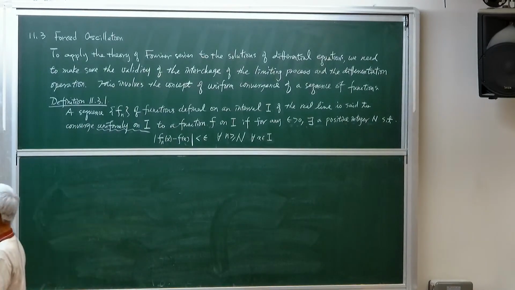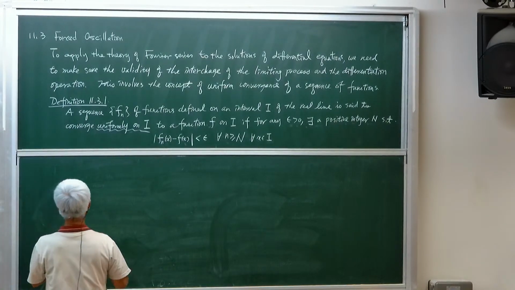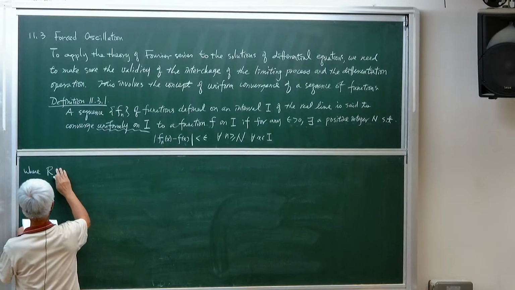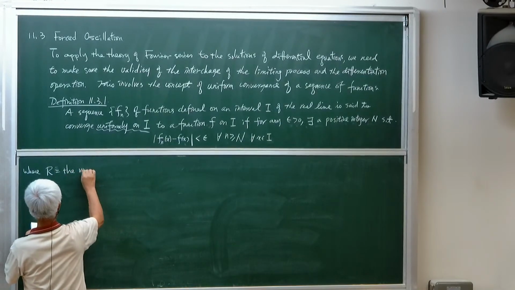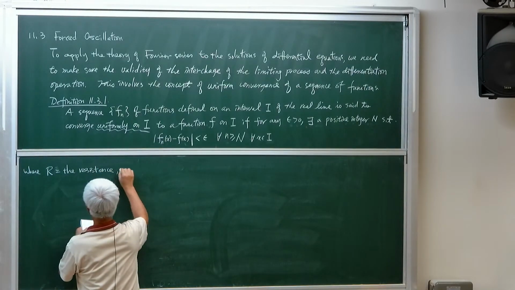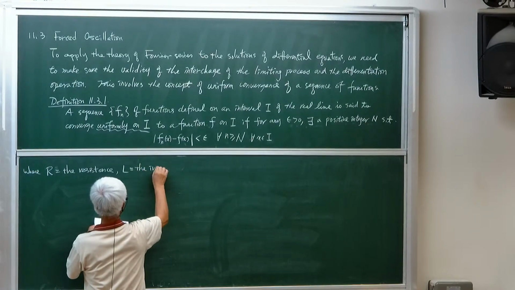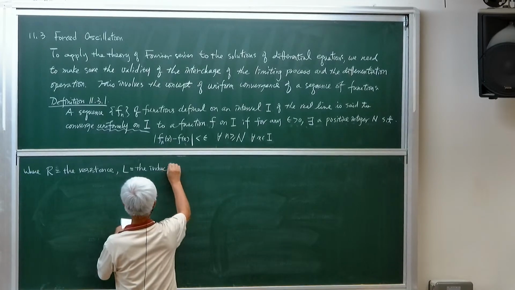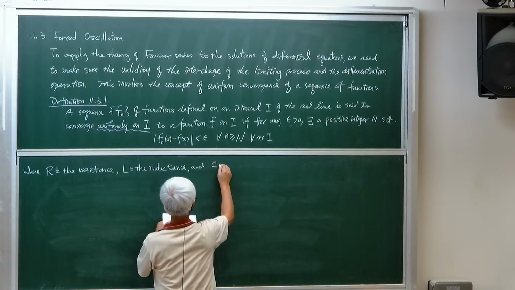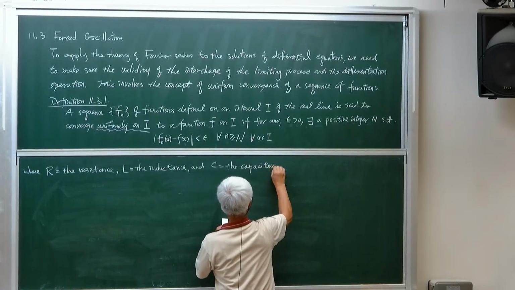Okay, so we know that R is the resistance of the resistor, L is the inductance of the inductor, and C is the capacitance of the capacitor.